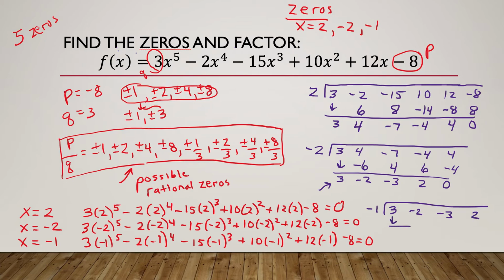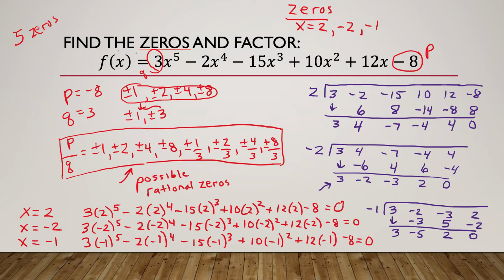So we're going to drop that 3 down. Negative 1 times 3 is negative 3, and we'll add. Negative 1 times negative 5 is positive 5, and we'll add. Negative 1 times 2 is negative 2, and we'll add.